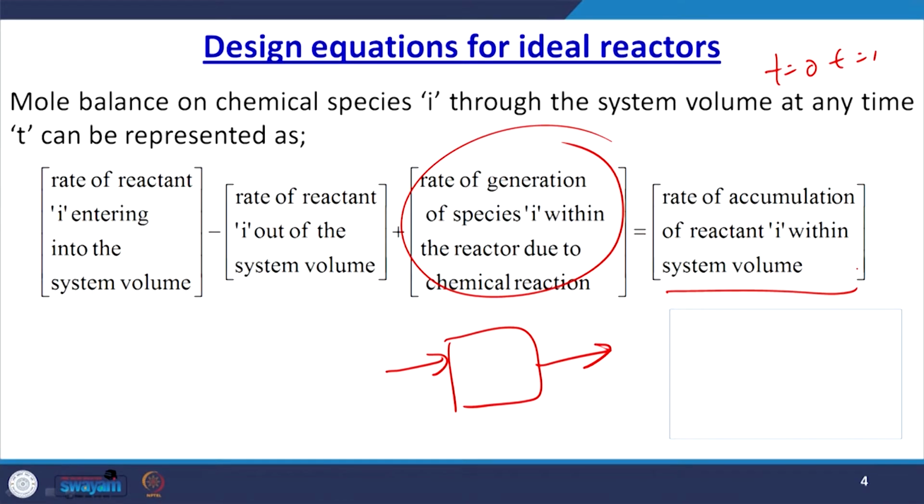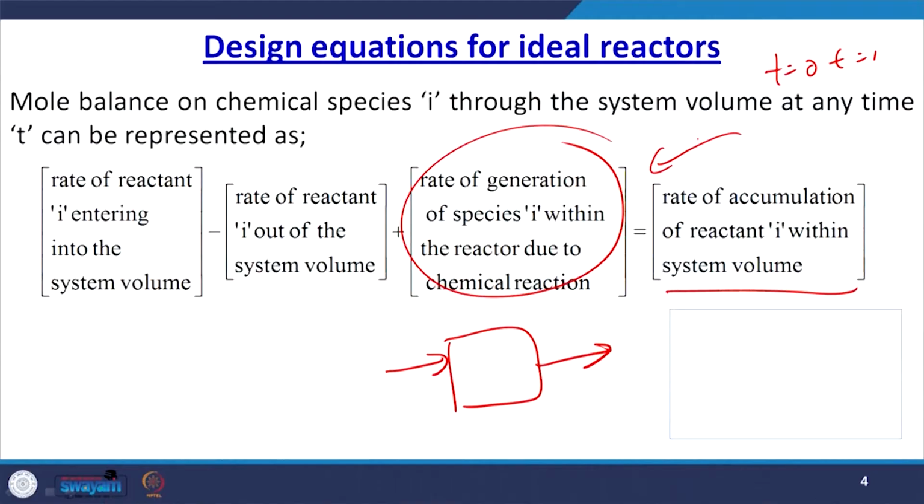Now you see in this mathematical equation we have encountered all the approaches: how much of the ith species is consumed in due course of time during the reaction, and the rate of reactant I entering the system volume and going out. So we have considered all approaches of species I in that particular reaction stream.